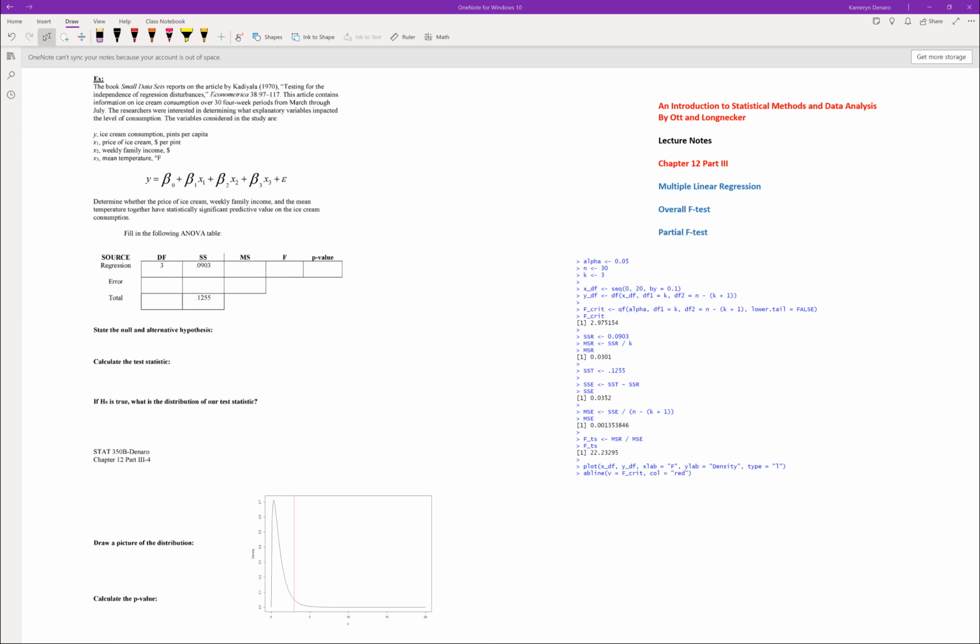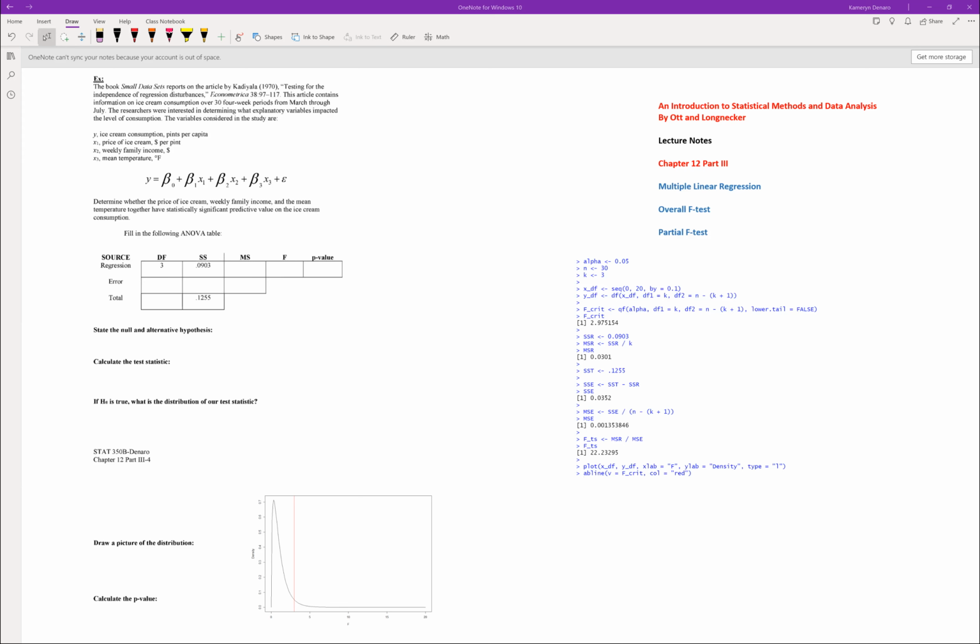Okay, the degrees of freedom for regression. Remember, that's K. In this case, K equals 3. We have a total of 4 coefficients that we're estimating, K plus 1, and then subtract 1 to get the degrees of freedom. So we get 4 minus 1 equals 3. Our sum of squares due to regression given here is 0.0903.